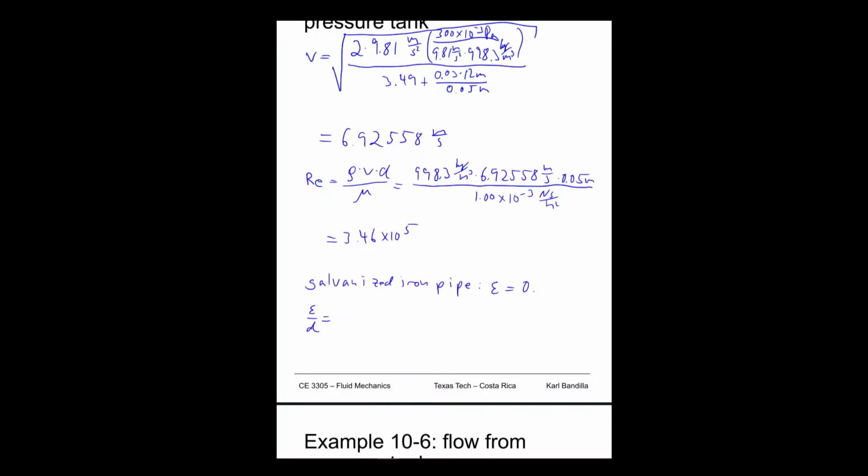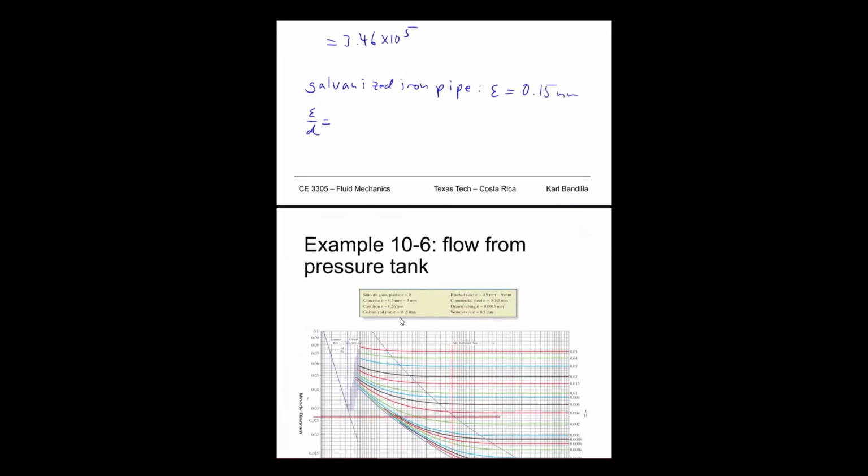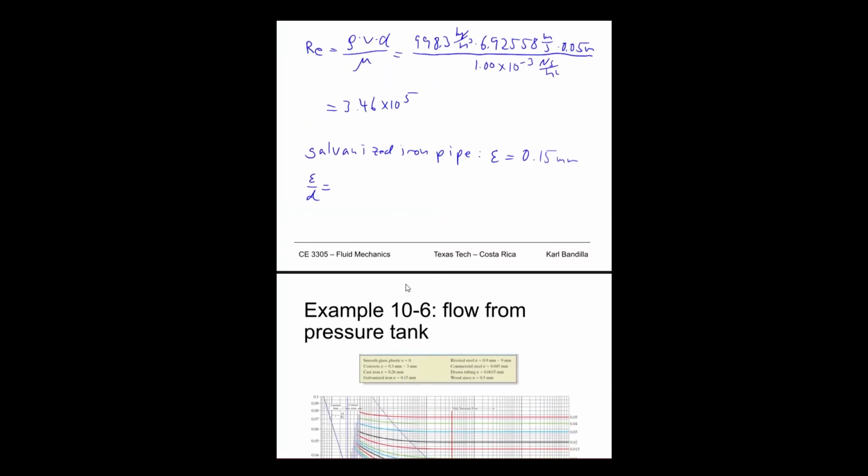That's why, this would be steel. Galvanized iron is 0.15 millimeters. Let's double check on our table here. Galvanized iron, yeah, I had the steel written down for some reason. So that's 0.15 millimeters divided by the diameter, which was 50 millimeters.